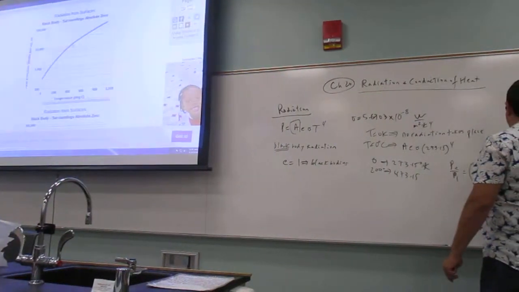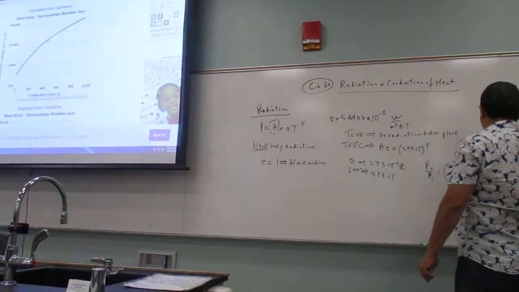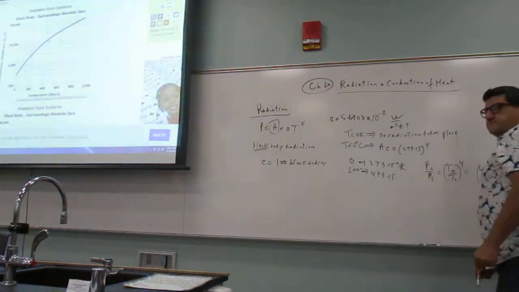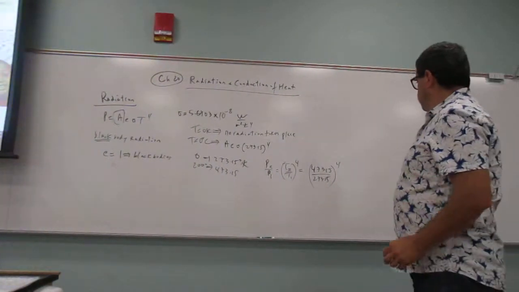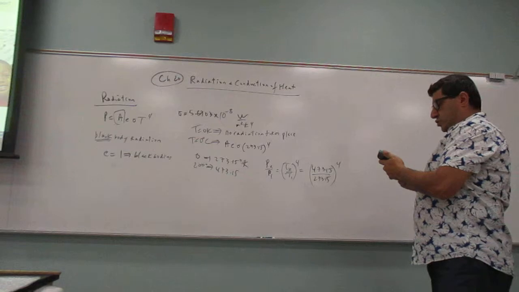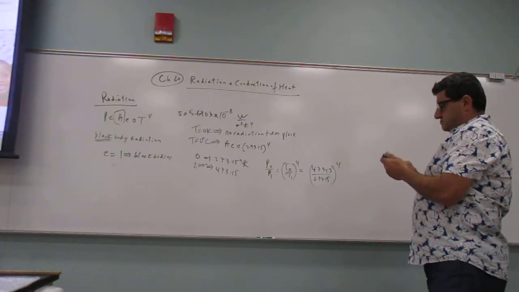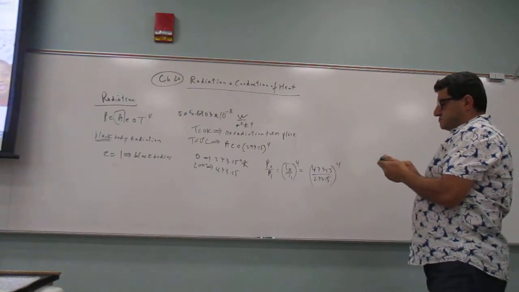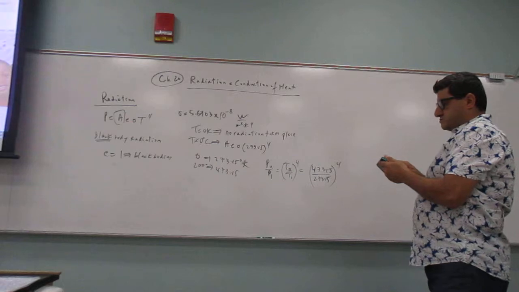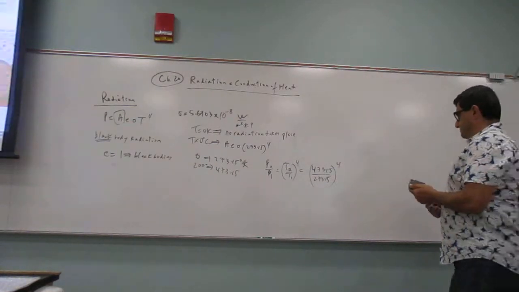So 473.15 over 273.15 to the power 4. Okay? What is that? It's not quite 2. Nine times more.